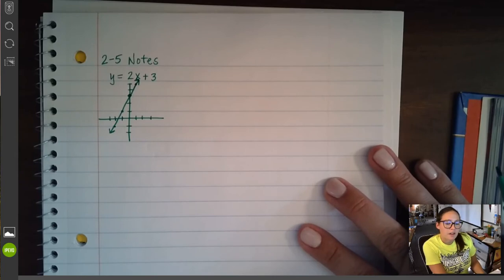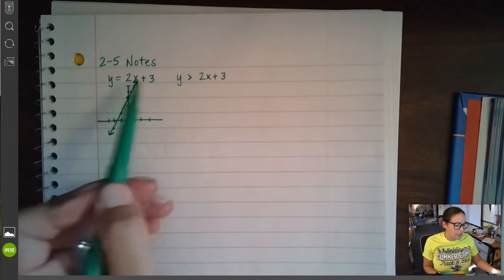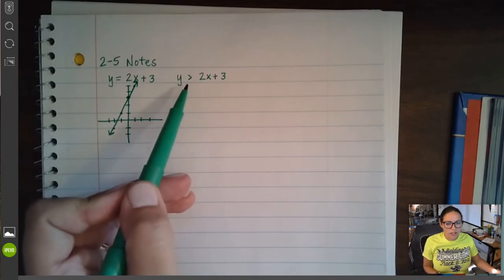What if I asked for y is greater than 2x plus 3? Now that's a little different, right? Instead of an equal sign, now we have a greater than sign.